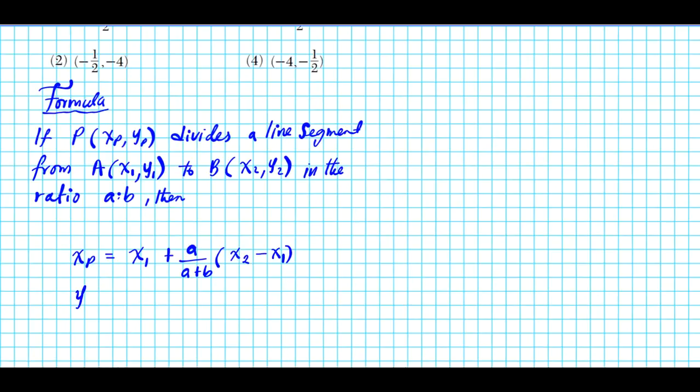And then y sub P is going to be y1 plus the same ratio, A over A plus B, times the rise, y2 minus y1.